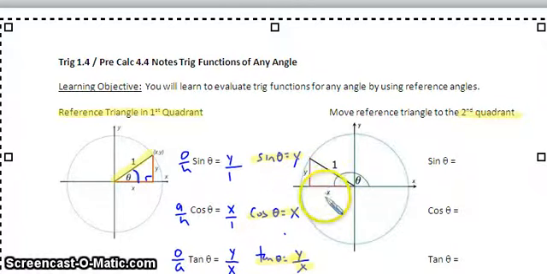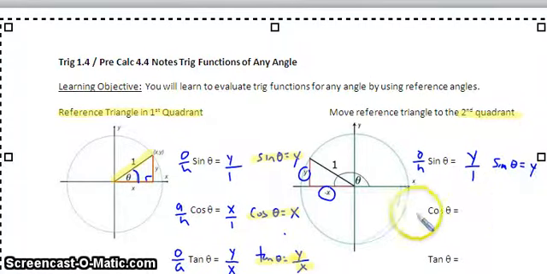So if I move to the second quadrant, my x value is going to be negative, but my y value will still be positive because I'm going up the y-axis. Following the definition of opposite over hypotenuse, we would take y over 1, and we would get sine to be a positive y still. The cosine would be adjacent over hypotenuse.